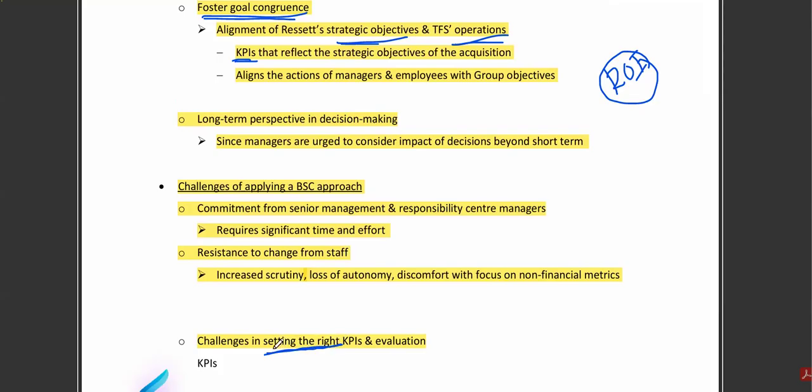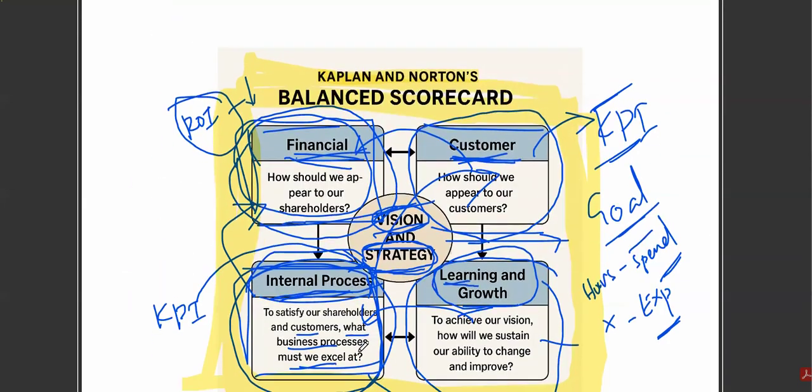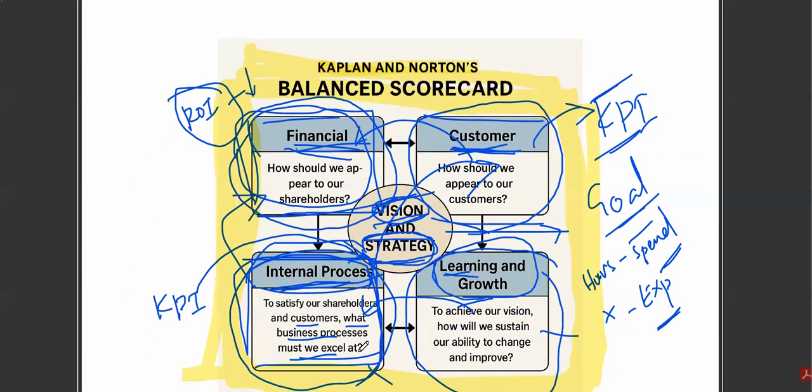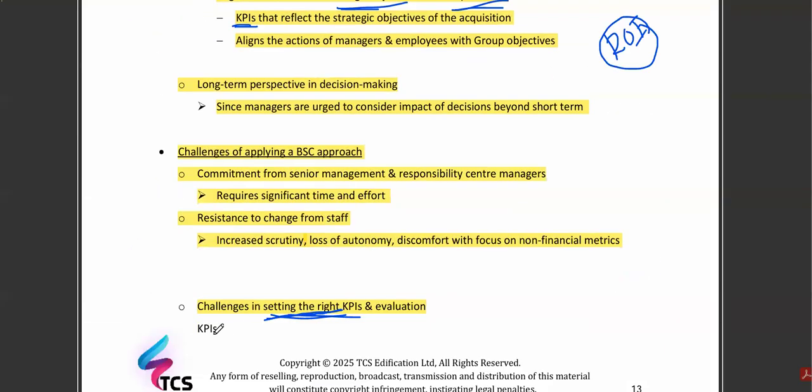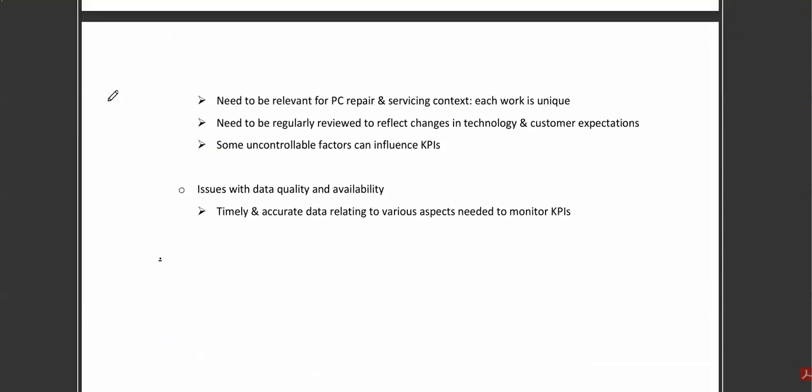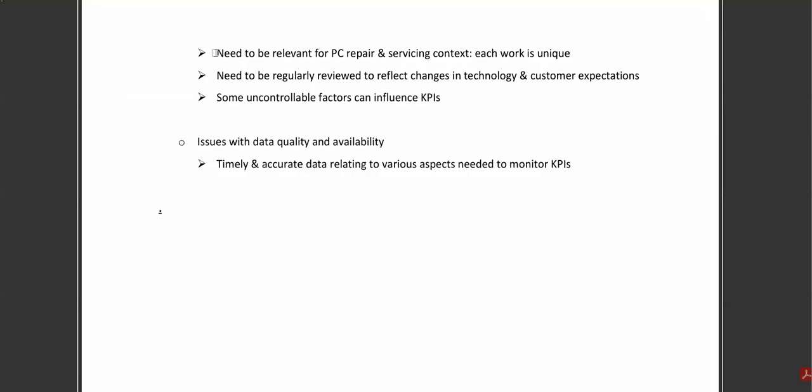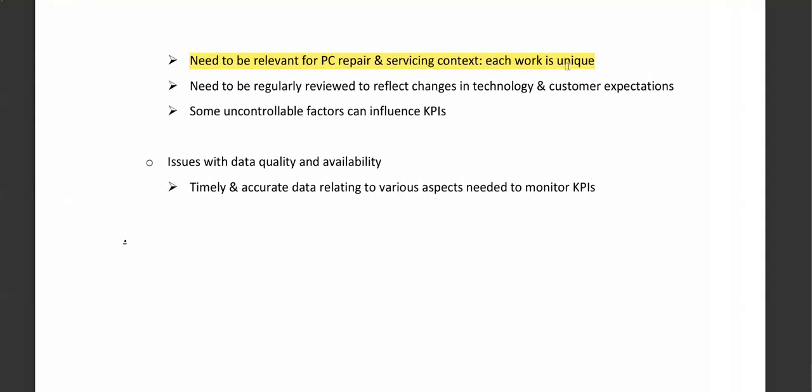So it is important to identify appropriate KPIs across these multiple dimensions. And most importantly, the KPIs that you set need to be relevant for the PC repair and servicing context. It is challenging because it is a service, and each work is unique when it comes to repairs, even servicing.